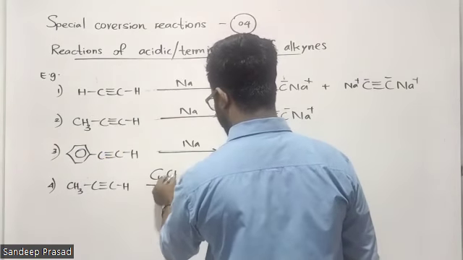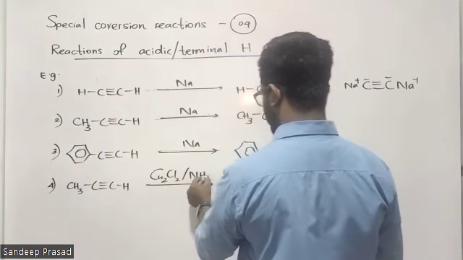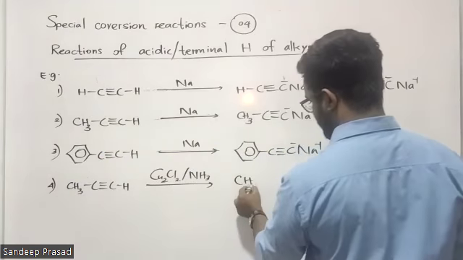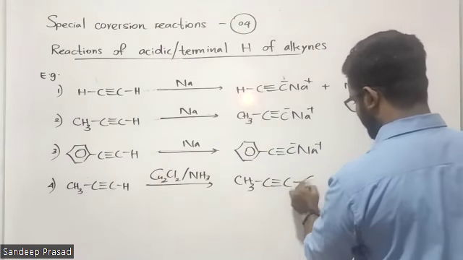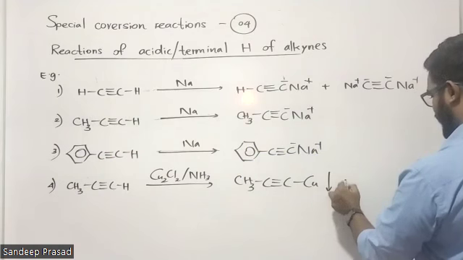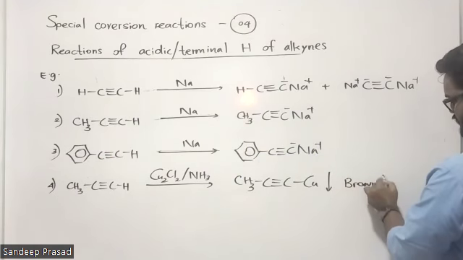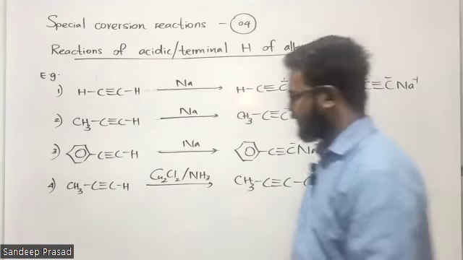We are adding cuprous chloride in the presence of ammonia. What will happen? And then it is giving this kind of a compound. So this is a brown color precipitate. Okay.